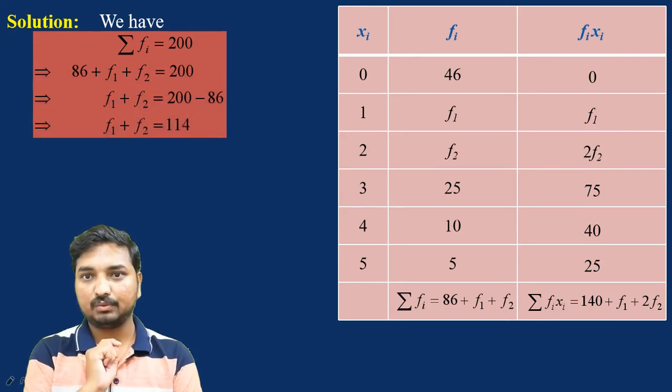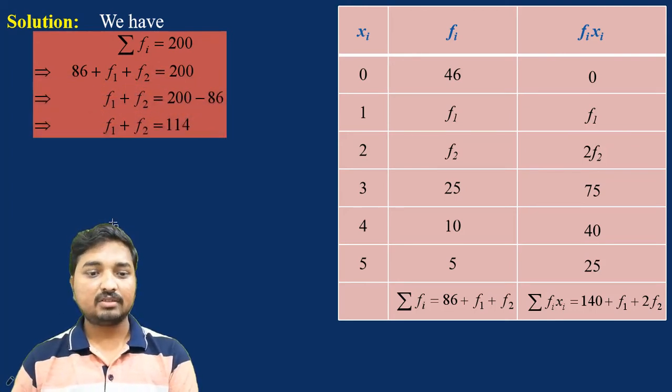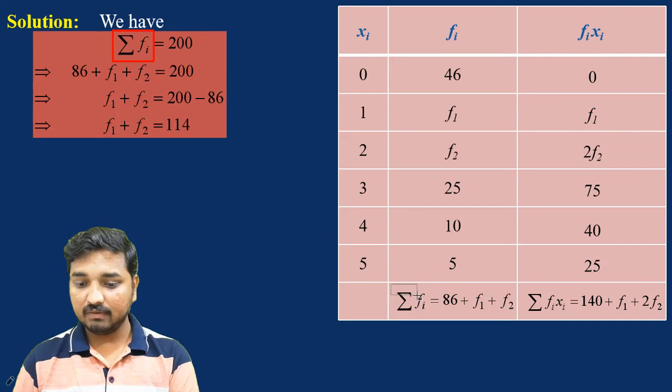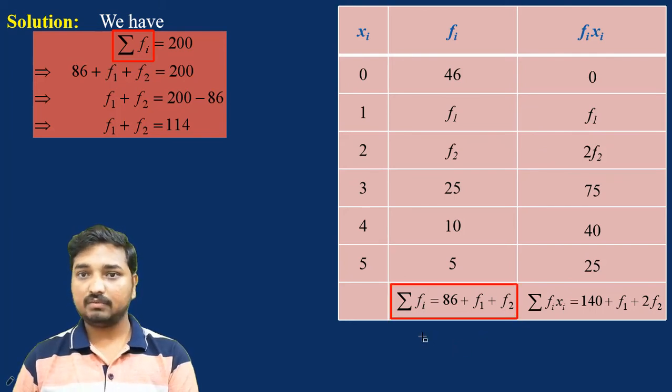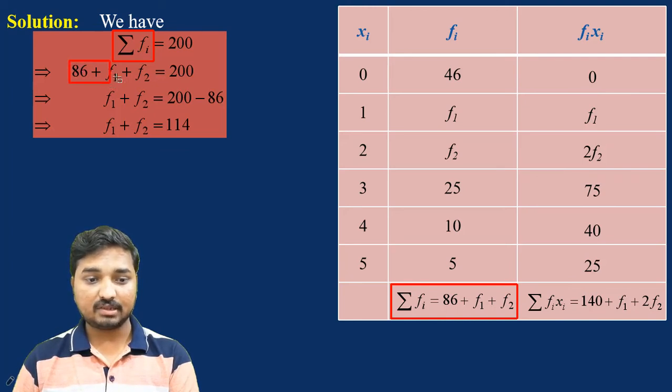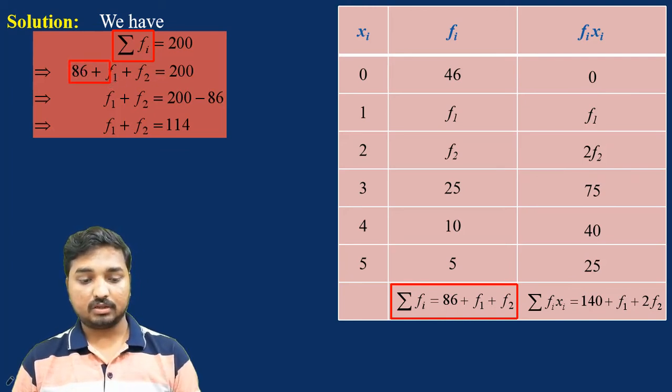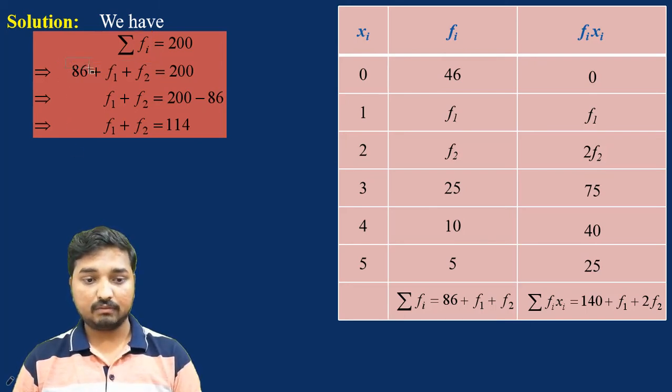But I have got summation Fi as 86 plus F1 plus F2. I'm going to substitute that here, and write the right side 200 as it is.